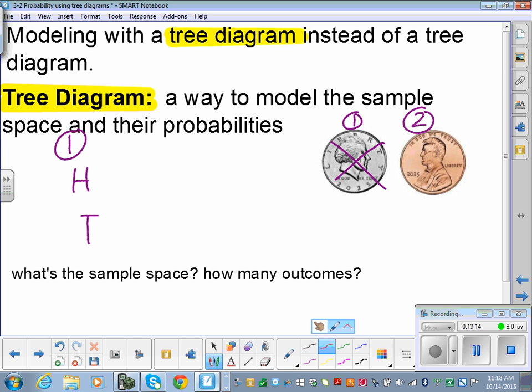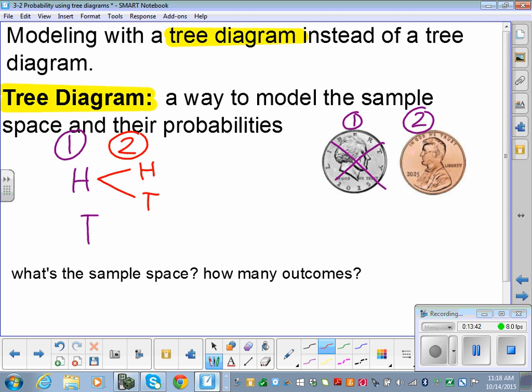Now a tree diagram is just a way to show all the possible outcomes, including their order. So let's say I flipped the first coin and I got a heads. Now I'm going to go on to my second coin. When I flip the second coin, I'm either going to get a heads or a tails. So this is the order it could have happened in. We could have got a heads and a tails. Does everybody understand that?